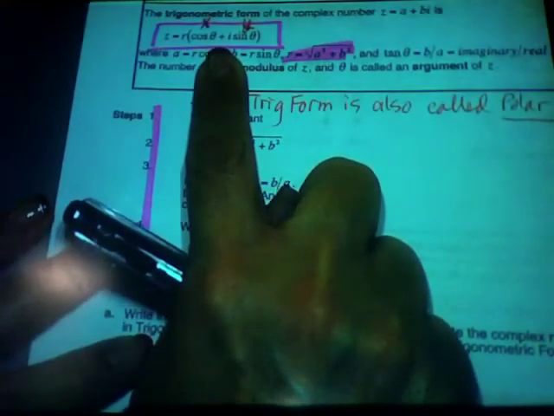And so finally, now that we have our correct angle in radians in the proper quadrant, we can write it in trig form.